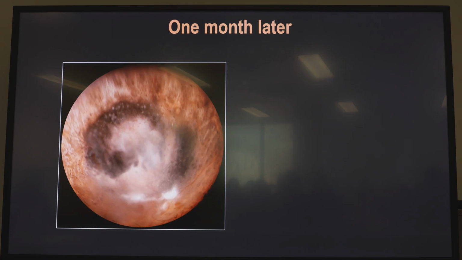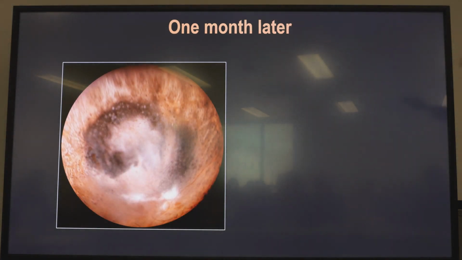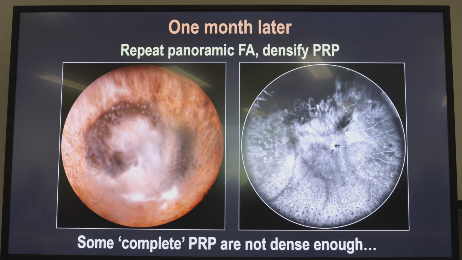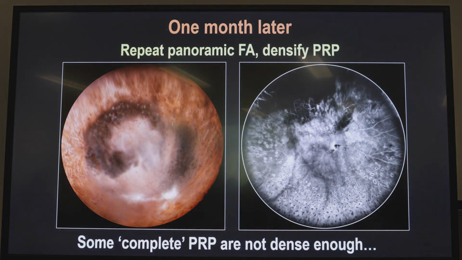This was an eye that had already had PRP complete, but the fact that there is neovascular glaucoma means by definition it was not. So you repeat the angiography once the eye is quiet, and you see there are still some holes. Sometimes I'm surprised how incomplete a complete PRP can still be. And you just go again and you grill the eye.